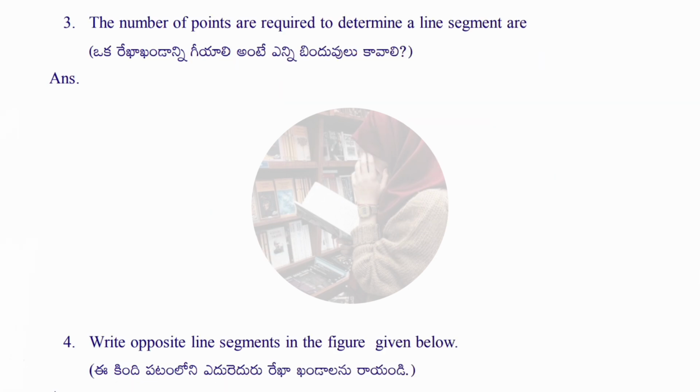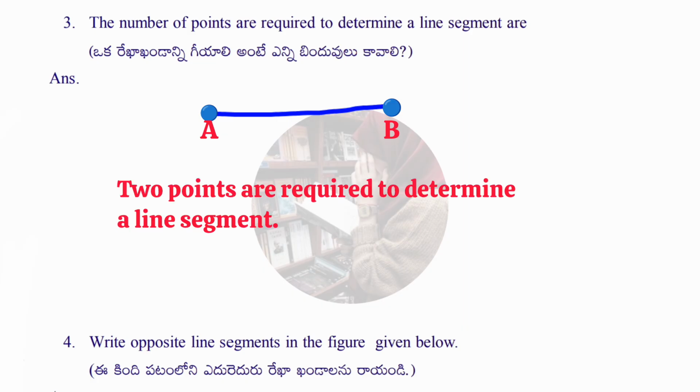Okay, let's move on to the third question, which is the number of points required to determine a line segment. So how many points are required to determine a line segment? Only 2. Let's see, here I have drawn a line AB with 2 points. So write down: 2 points are required to determine a line segment. Understood guys?